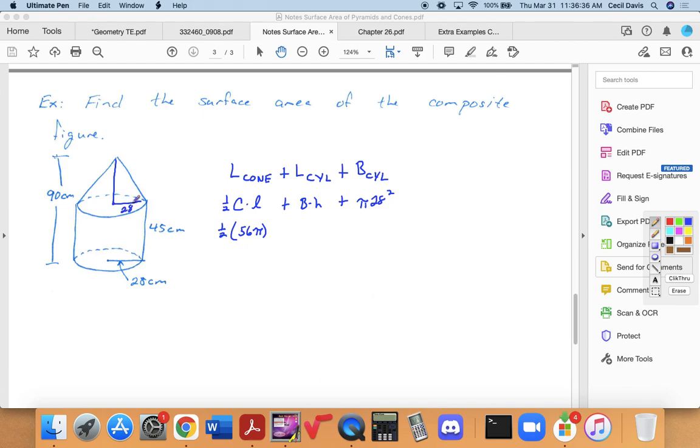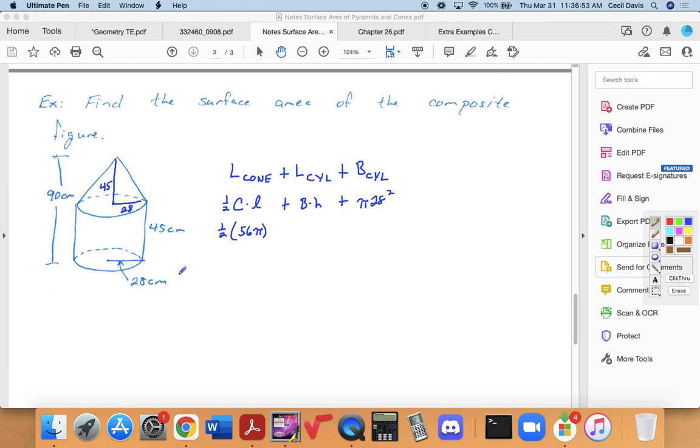We know that this is 28, and we know that this is 45. How do I know that? Because halfway up, this part was 45 and the whole thing is 90. Is that going to come out to be nice?